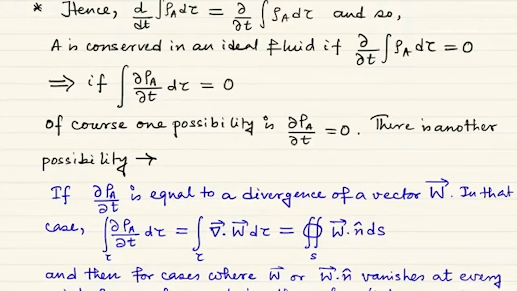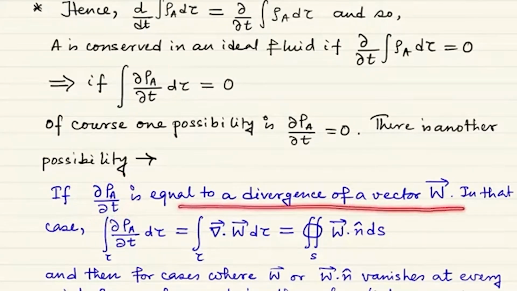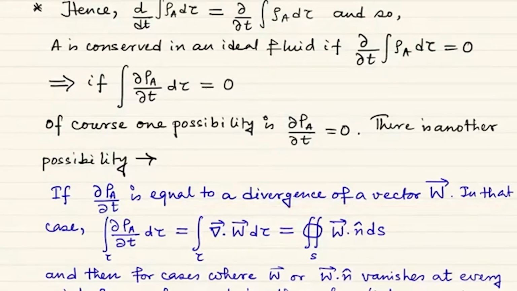That is, if ∂ρ_A/∂t is equal to a divergence of a vector w, then the integration over ∂ρ_A/∂t dτ is nothing but the integration over the divergence of w dτ.